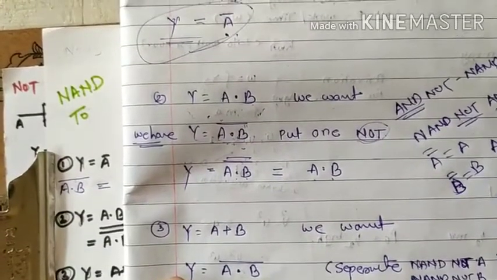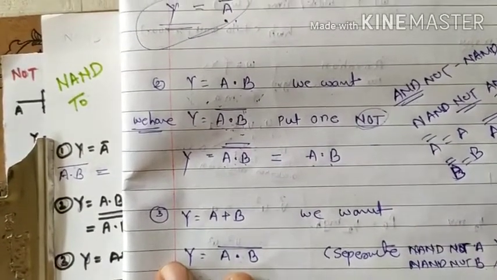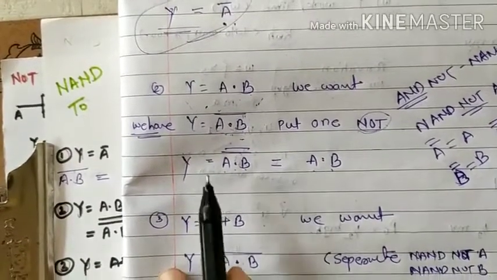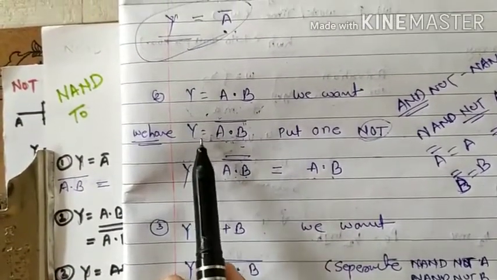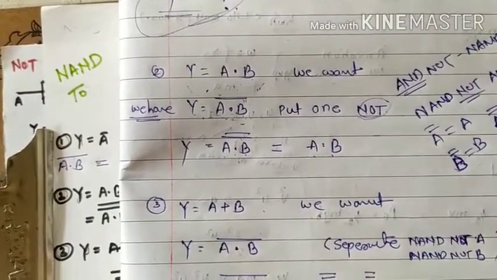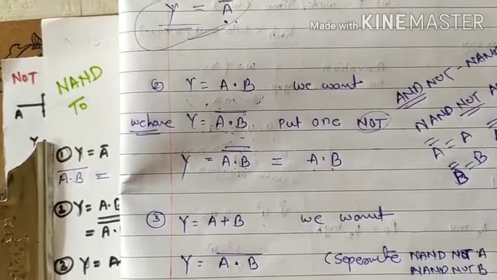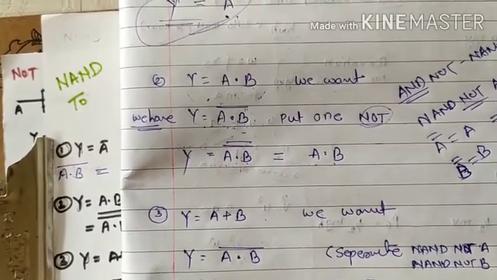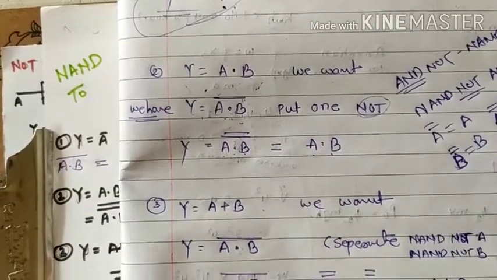So a into b double bar is equal to a into b. So by the help of NAND gate we just make an AND gate. It is very simple. There is no different process you have to do. You just implement one NOT gate and convert your NAND gate into AND gate.